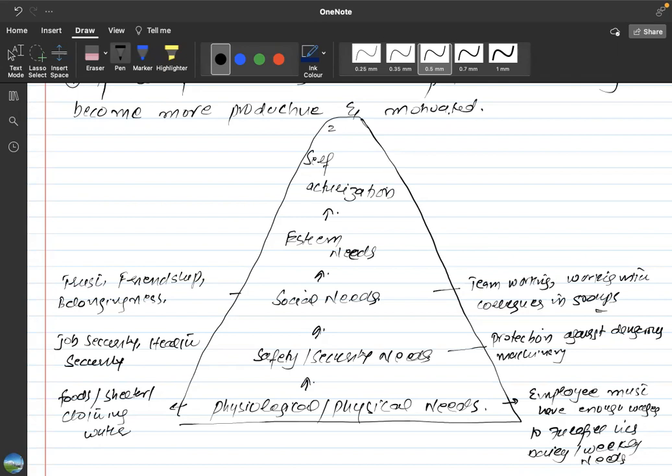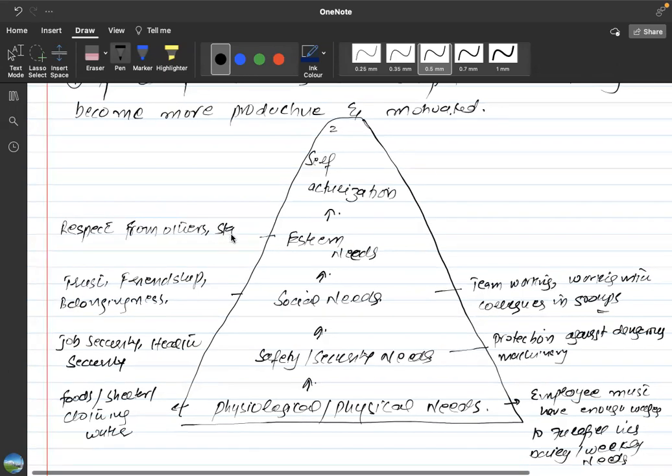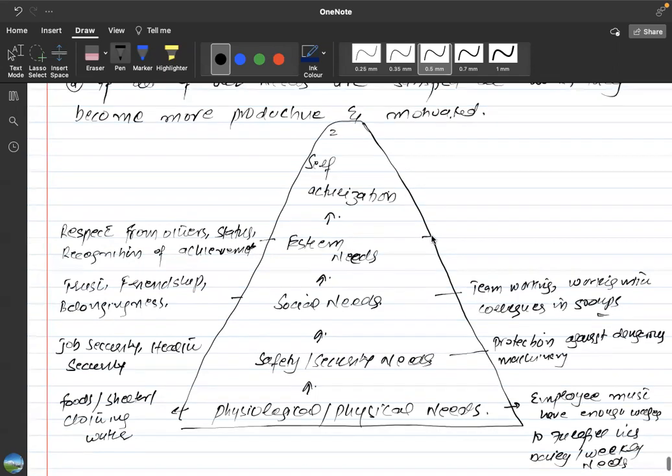The esteem needs are respect from the others, status, recognition of achievement, etc. And how these needs are satisfied at work: higher status is given to employees.